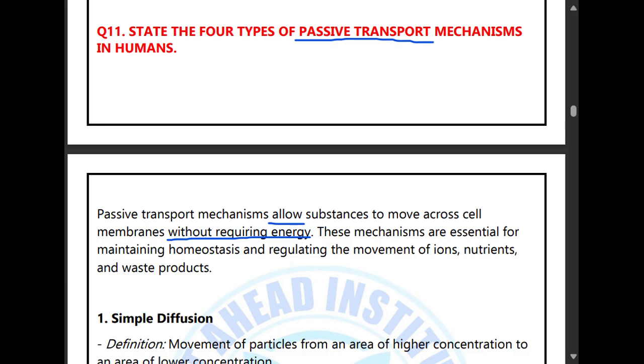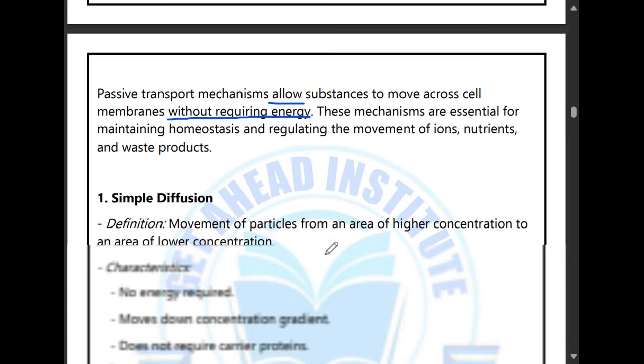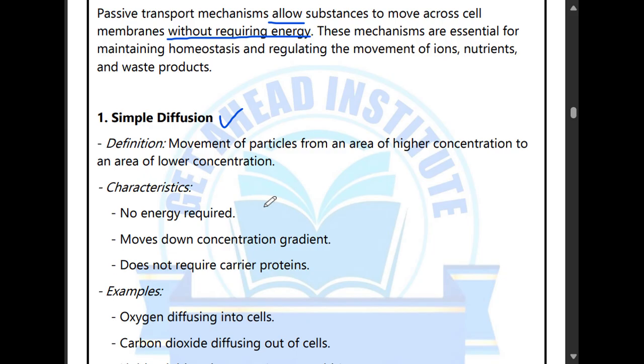Among the types that we have is what we call simple diffusion. Simple diffusion just involves the movement of particles from a region of higher concentration to a region of low concentration.